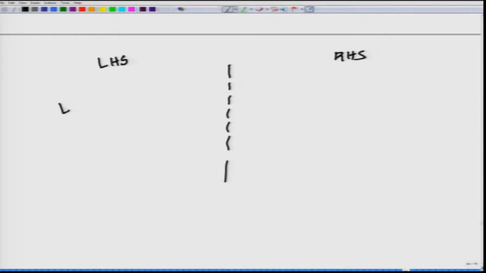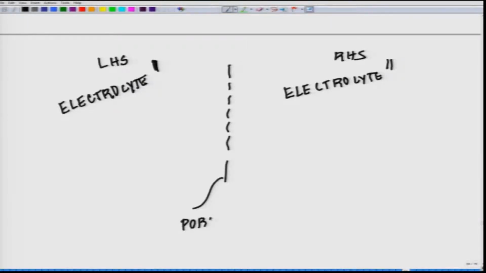So, you have electrolyte on this side, an electrolyte of a different concentration on the other side. The different concentrations are separated by a porous membrane. So, here you have a porous membrane which is separating the electrolytes on both sides.